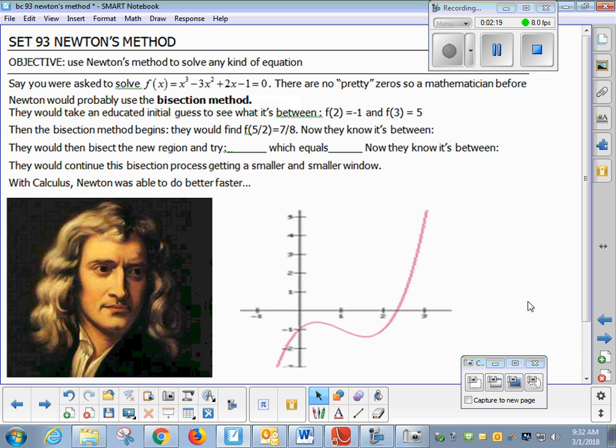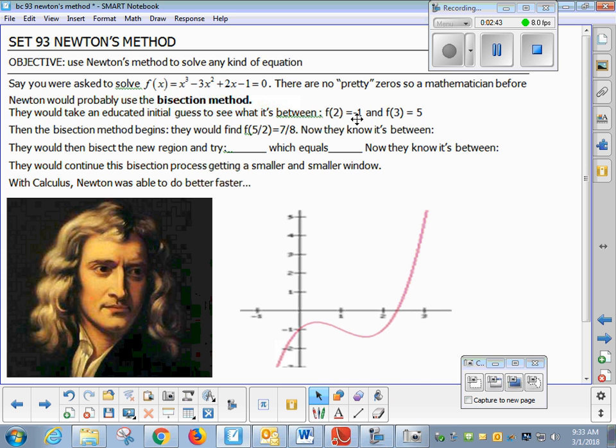They would have started by playing with integers and saying, well, what's close? At 2, if you plug 2 in, that would be -1. That would take you practically no time to find, yeah? They can also plug in f at 3, and if you did, you'd get 5, and that would take you no time to find. Now, what would that tell you?